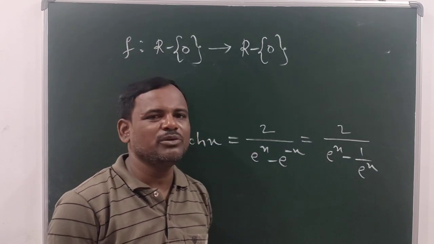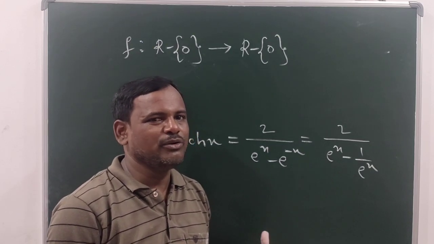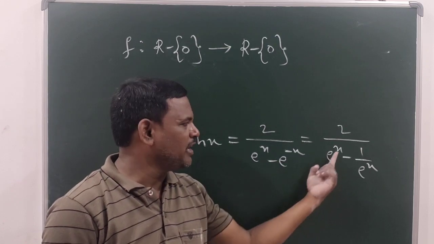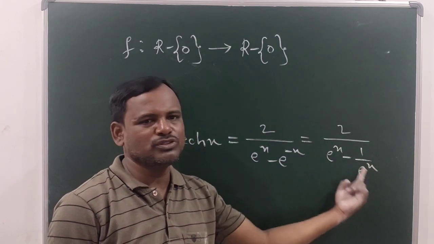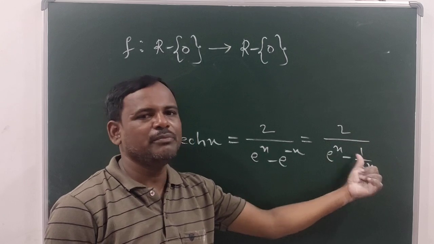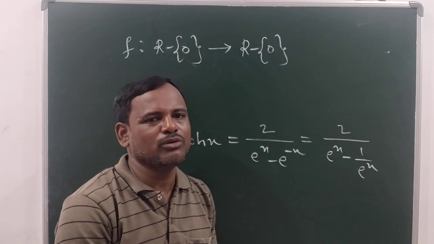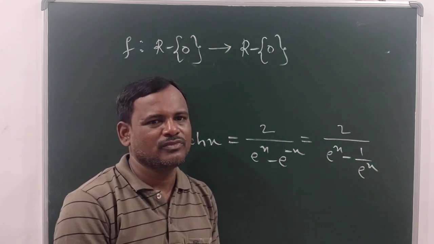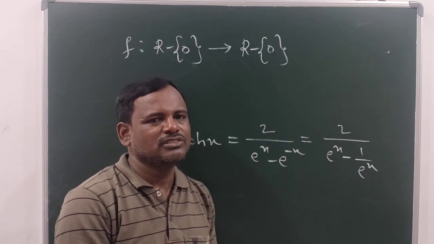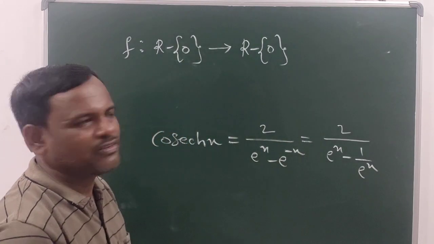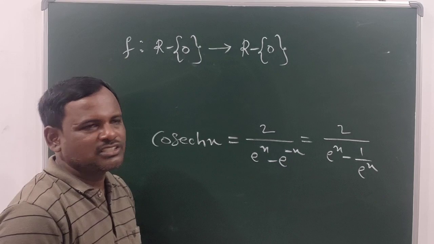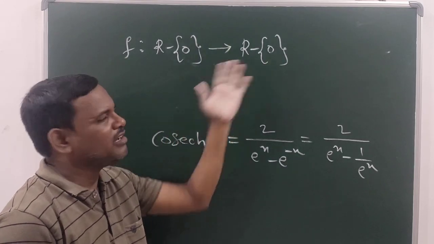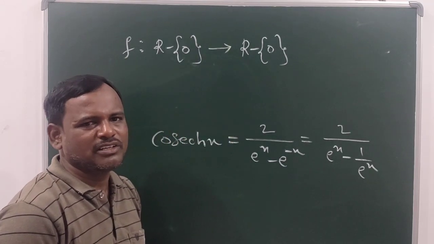If you assign x equal to negative infinity, this part becomes 0, this approaches 0. Means finally it becomes very close to 0. Okay, I will show you in the graph. So, for the cosech x, domain is R minus 0, range is also R minus 0.